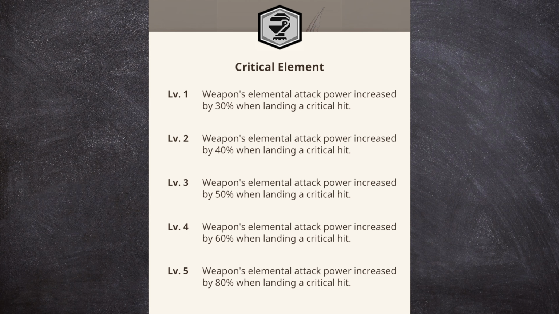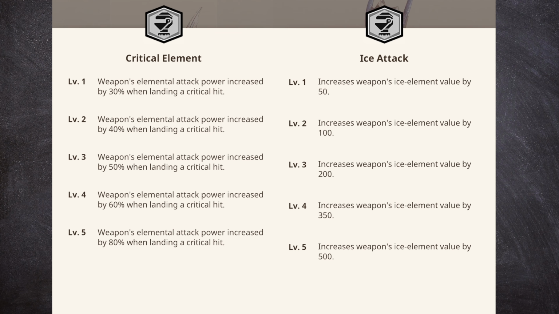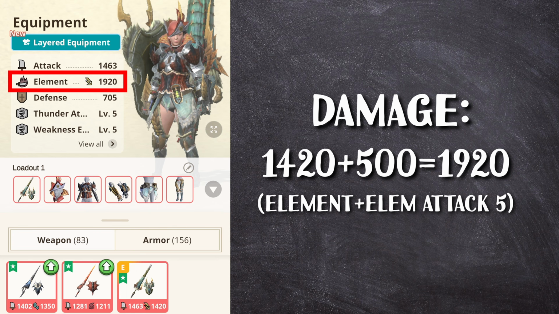critical hits. Now initially my theory was that critical element scales with elemental attack skills, because if we look at the text for elemental attack skills, it says here that it increases your weapon's elemental value, and if we look at our build stats, the number shown here is your weapon's total elemental stat combined with your elemental attack skills.